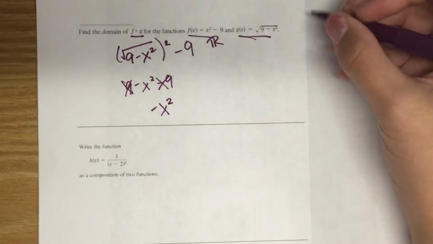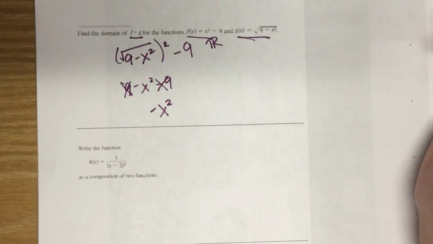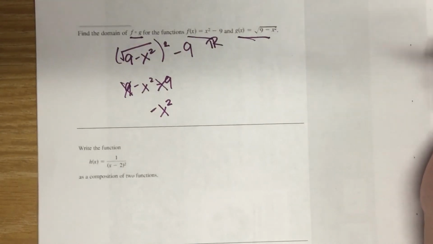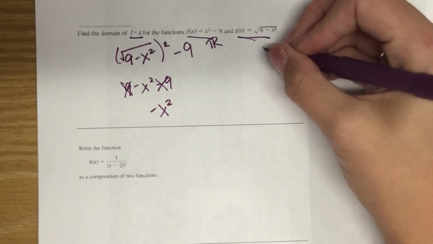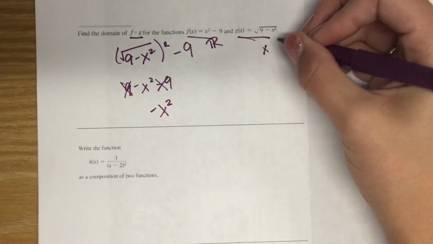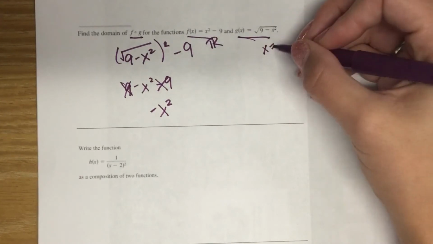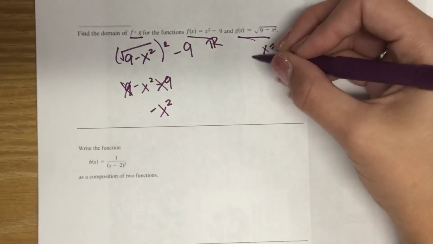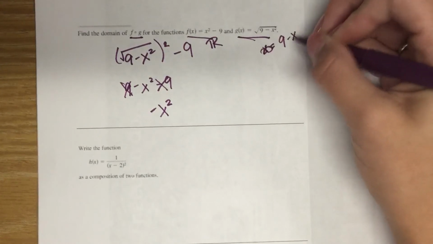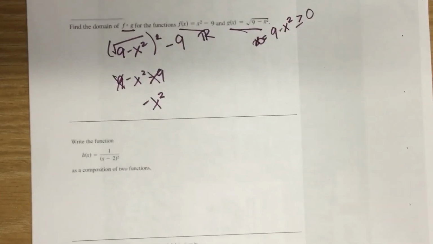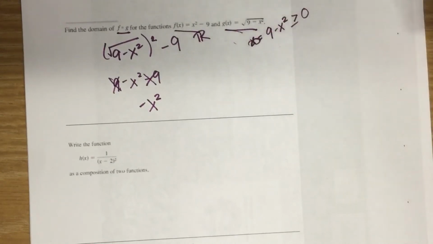However, this one is restricted because we have an even index with a variable under the radicand. So for this, we know that x cannot be equal, under here, this 9 minus x squared, let's just write it out, has to be greater than or equal to 0, right? It can't be other than that because otherwise it won't have a square root.